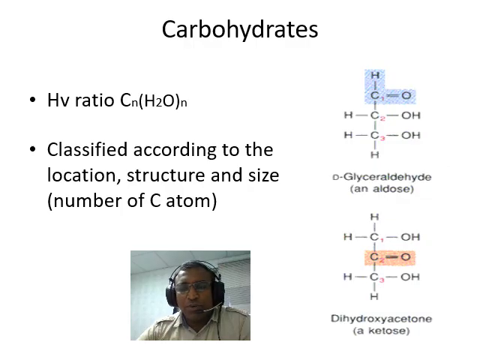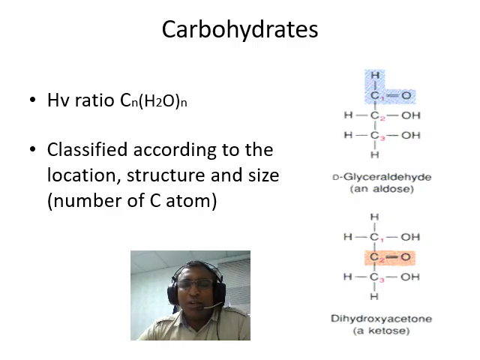You can see on your right, you have glyceraldehyde as well as dihydroxyacetone having only 3 carbon. The carbohydrate monosaccharide can then increase in size from 3 carbon up to 7, and the polysaccharide obviously can be much bigger in terms of number of carbon. So that's the difference in terms of size.